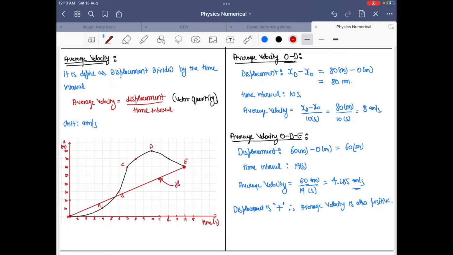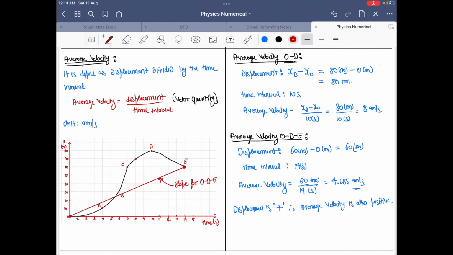The slope of this line will give the average velocity, because the slope is 60 meters divided by 14 minus 0 in time. So this will be the average velocity.